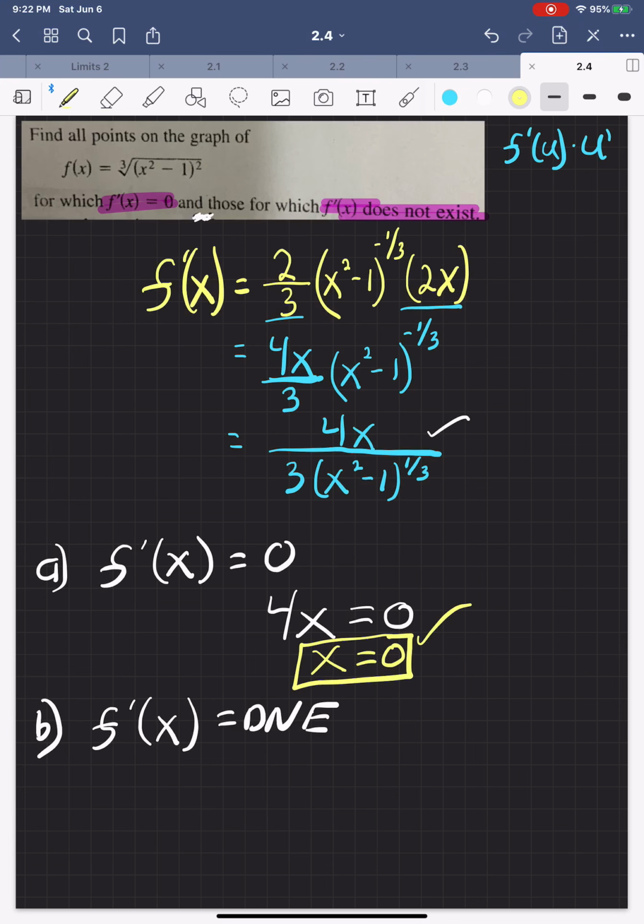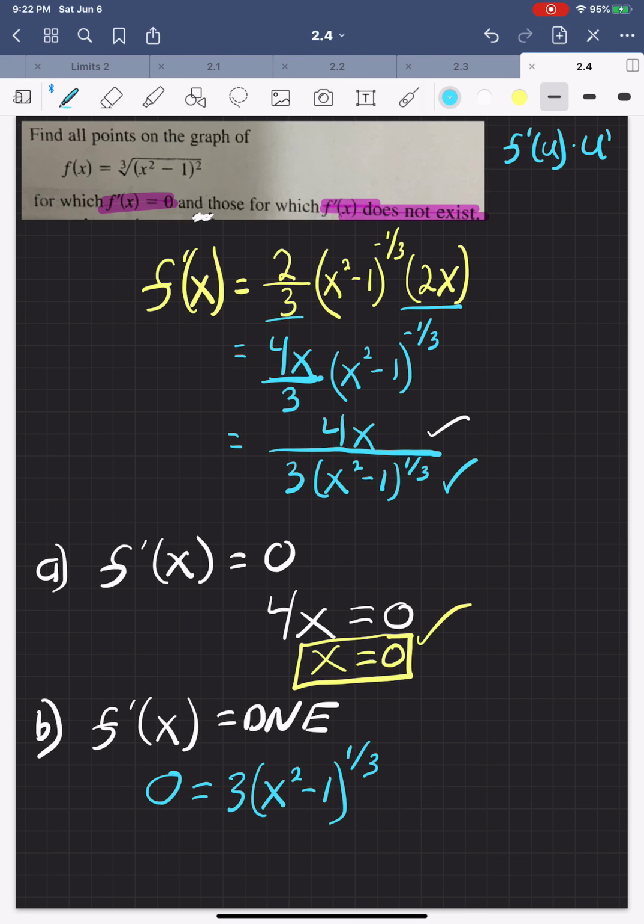Now, when would the derivative not exist? I want to look at the denominator, which is 3 times x squared minus 1 to the power of 1/3. If I can make that denominator equal 0, then I know my derivative does not exist.